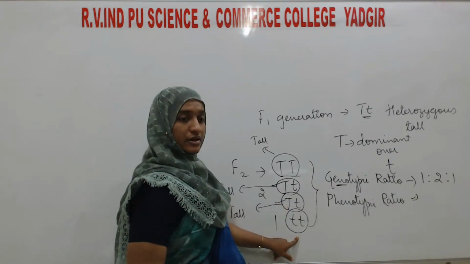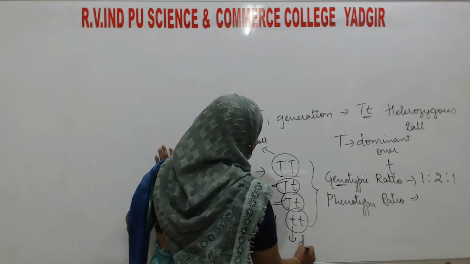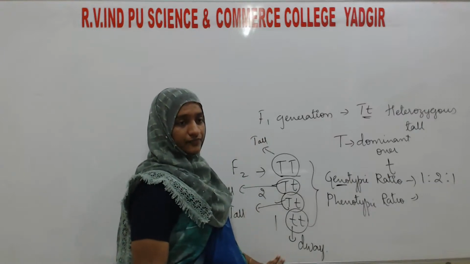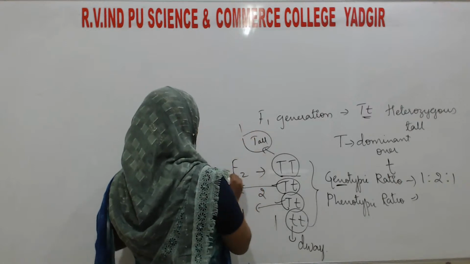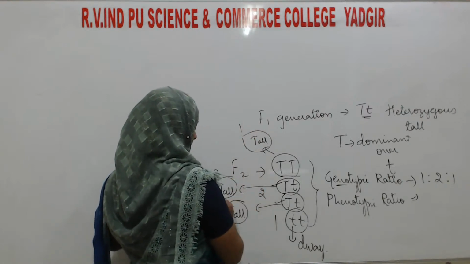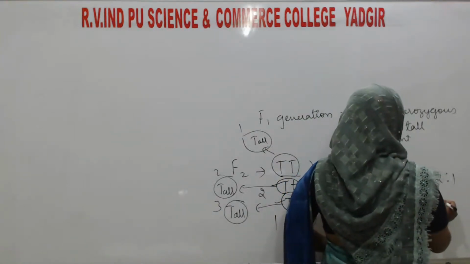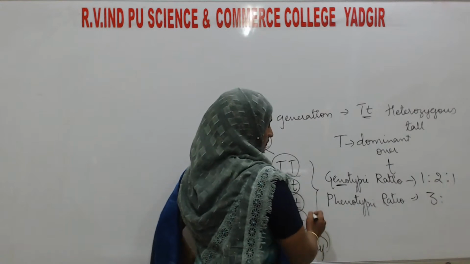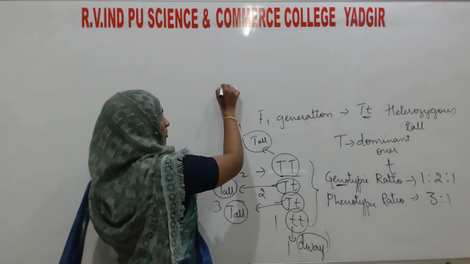Then last here the small t small t is there. This is the dwarf, homozygous dwarf. So see here, tall 1, tall 2, tall 3. And how many dwarfs are there? Only 1. So 3:1.